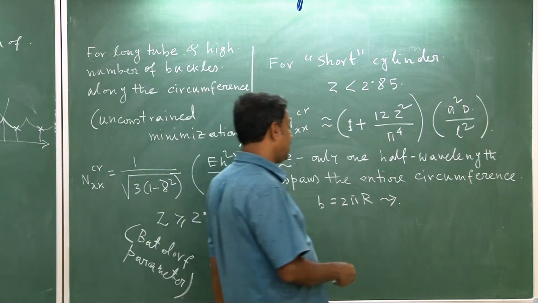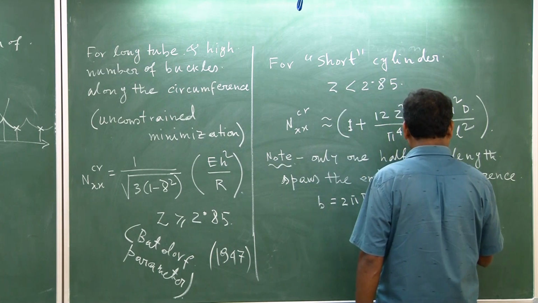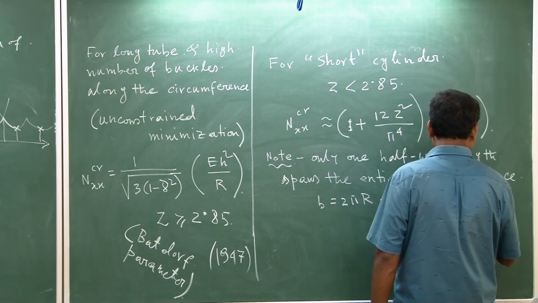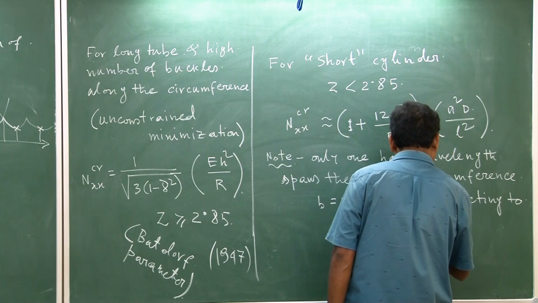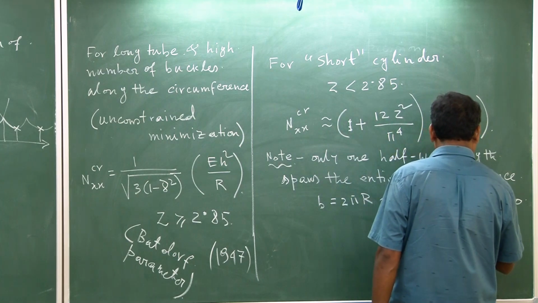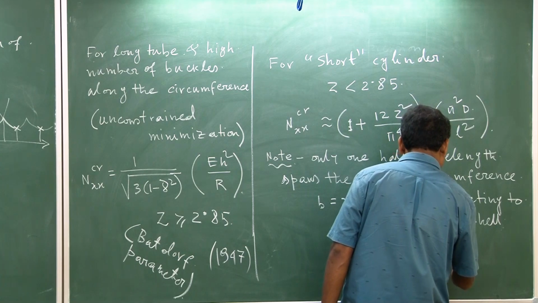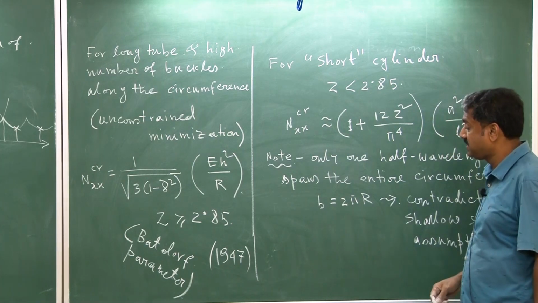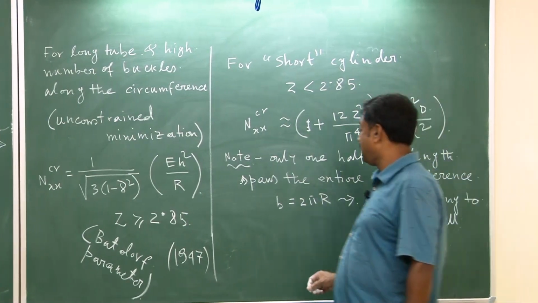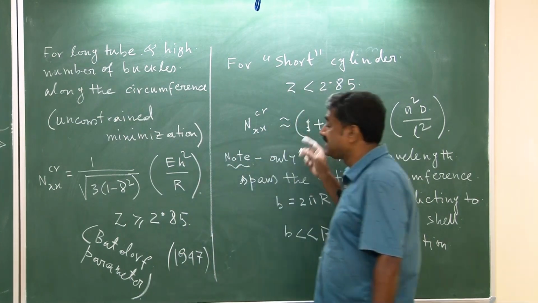This is contradictory to the shallow shell assumption, right? Why is it contradicting the shallow shell assumption? Because in the shallow shell assumption, what we have assumed is that B is very, very small compared to r. So this cannot be correct.